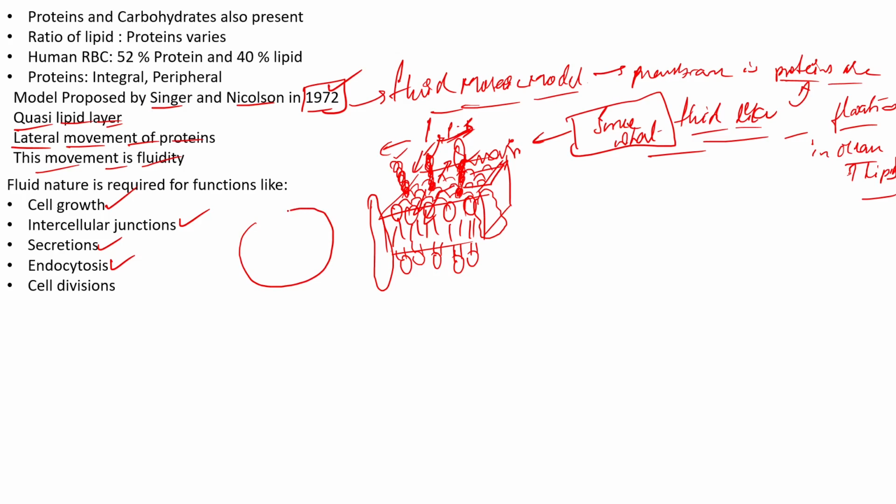For example, if this is the cell, a food molecule is entering inside the cell. The process of uptake of food molecules, solid or liquid, into the cell is called endocytosis. The last one is cell division. So remember these very important functions that the fluid nature of the cell membrane contributes to.